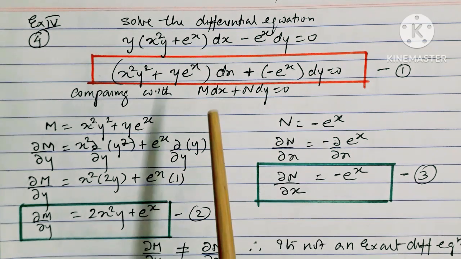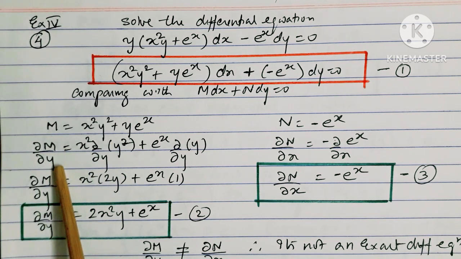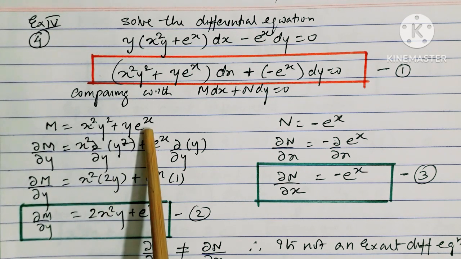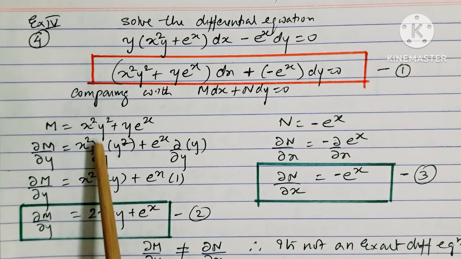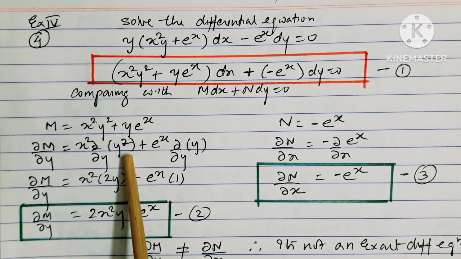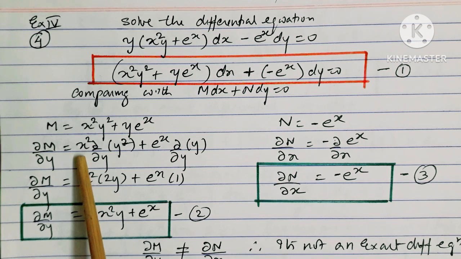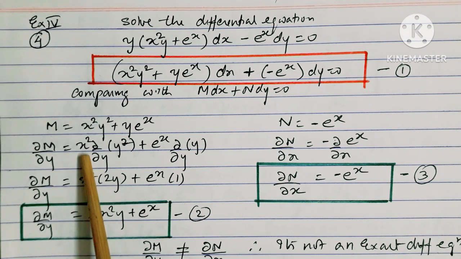So let us now proceed to differentiate M partially with respect to y. Now M is equal to x²y² + y e^x. Therefore ∂M/∂y is equal to x² ∂/∂y of y². Now since we are differentiating partially with respect to y, we will have to treat x as a constant. Therefore x² needs to be treated as a constant and it would be written outside.